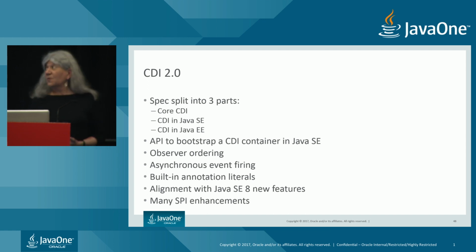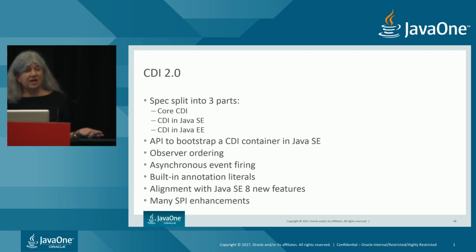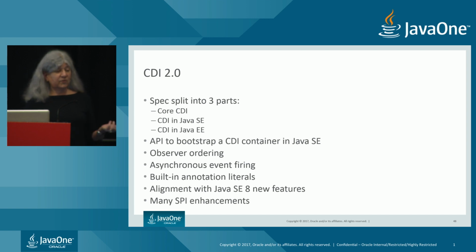The expert group wisely split the spec into 3 parts when they were doing this. A core CDI, which is used both in EE and SE environments, and then those APIs that are specific for use in SE environments, like this bootstrapping API, and then those APIs that are used more in Java EE.